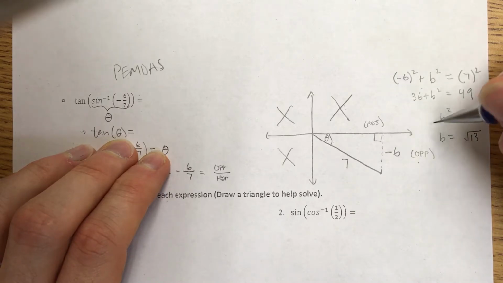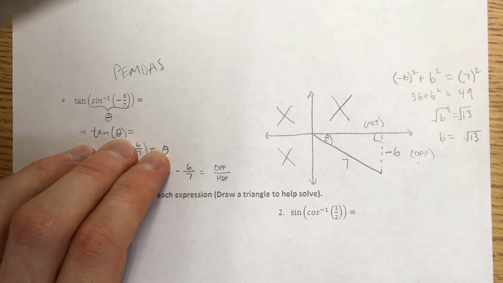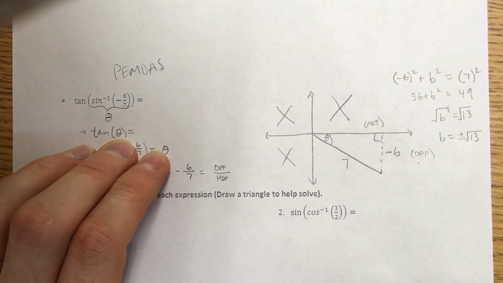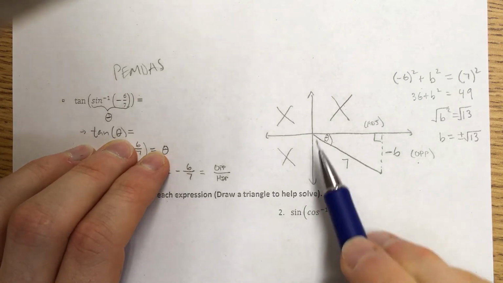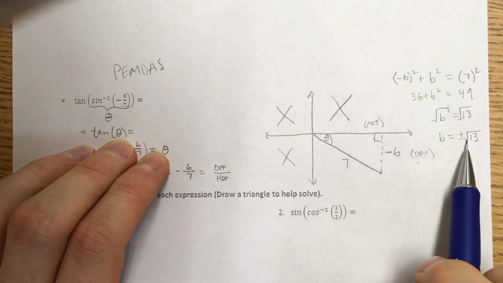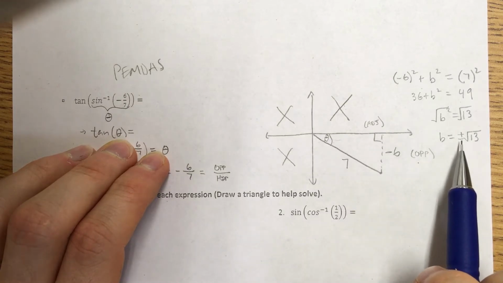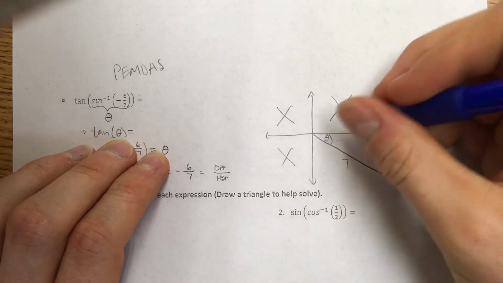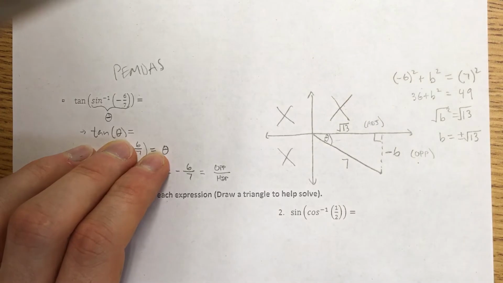Now, if we take the square root of both sides of an equation, we technically need positive or negative. It could be positive or negative square root of 13. And that's important because this side here is either going to be positive square root of 13 or negative square root of 13. Because we're here at the origin and we're moving to the right, it's going to be positive square root of 13. And from here, we can find tangent.